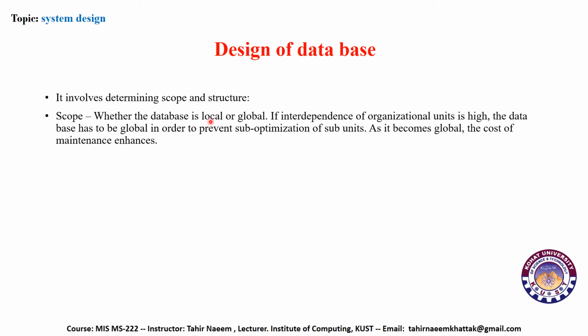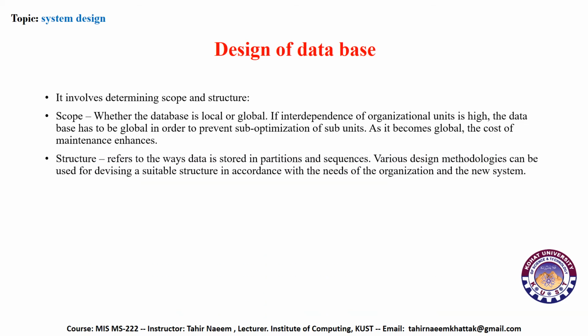If the data is local, then it is mostly used locally. But let's suppose the hotel has 5, 10, 20 or many more branches, then the data has to be global so that the system is optimized and efficiently used. If there is a global database, then the maintenance cost will increase.